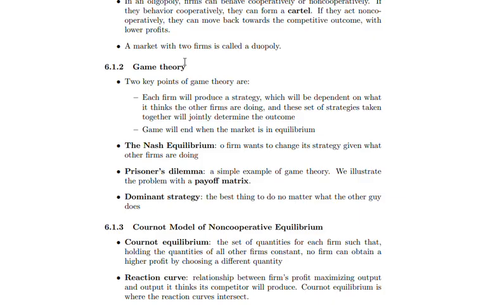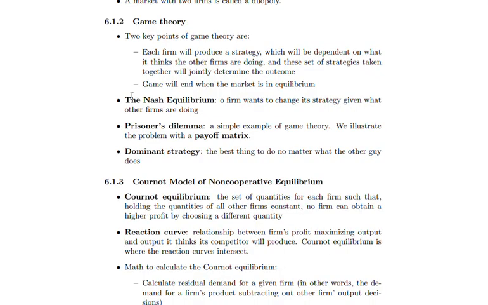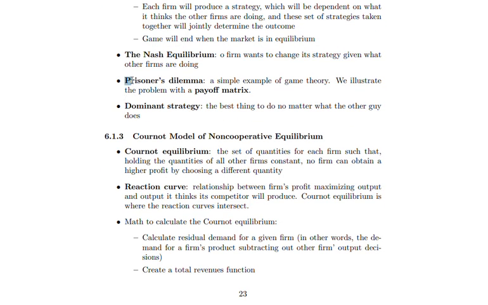The game will end when the market is in equilibrium. There is some important terminology in game theory. The first is the Nash equilibrium, where no firm wants to change its strategy given what other firms are doing.